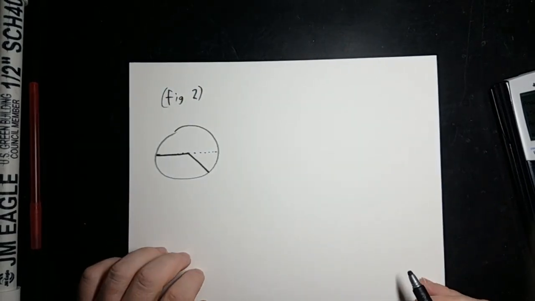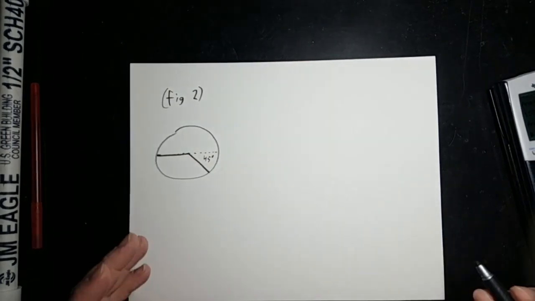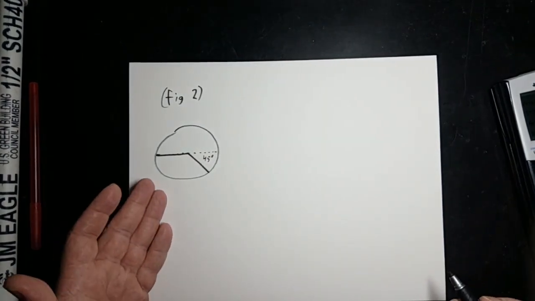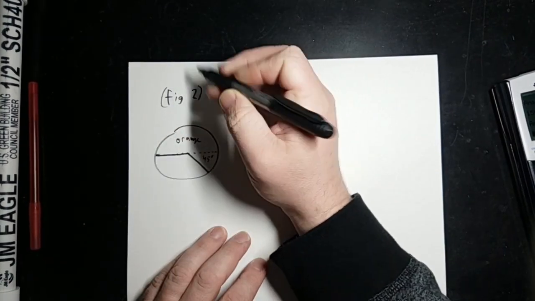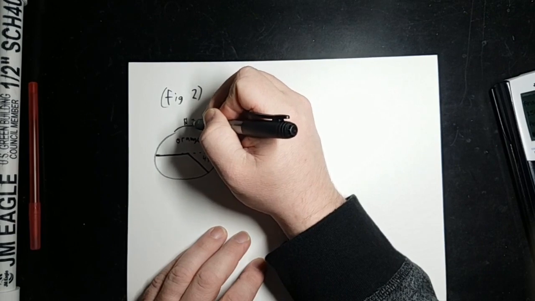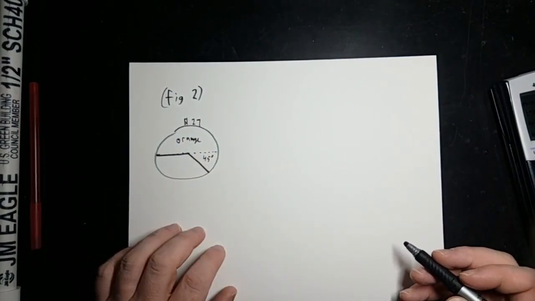That bolded line is the cut, but it was made at 45 degrees. Assuming that Jeff made this cut, that orange up here, to Jeff is worth $27. Now it's the pineapple that's being split up.